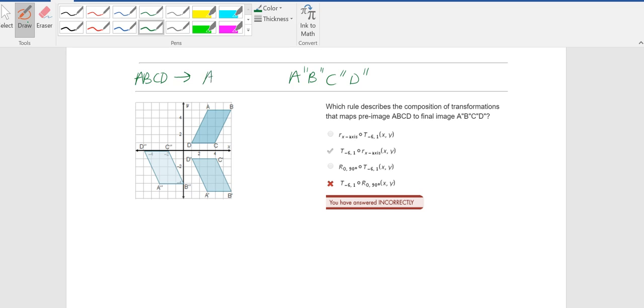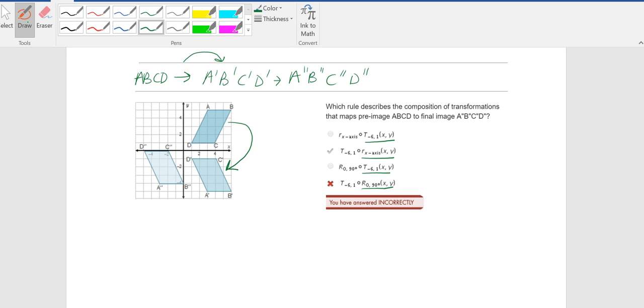Well, in between, you have to get to A prime, B prime, C prime, D prime. And so in order to do that, the question is, how did I get from here to here? So as you can see, each one of these points is a reflection across the x-axis. So since this is the first transformation to take place, again, we're going to look at those second items here.